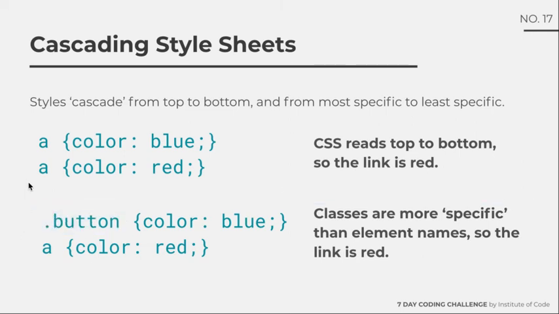Make sense? As you get into more complicated selectors, these are only 2 of the maybe 10 different kinds of CSS selectors that we teach in the bootcamp. As you get more complicated, there's a few more rules to it, but at a beginner level, it reads top to bottom and more specific to less specific.